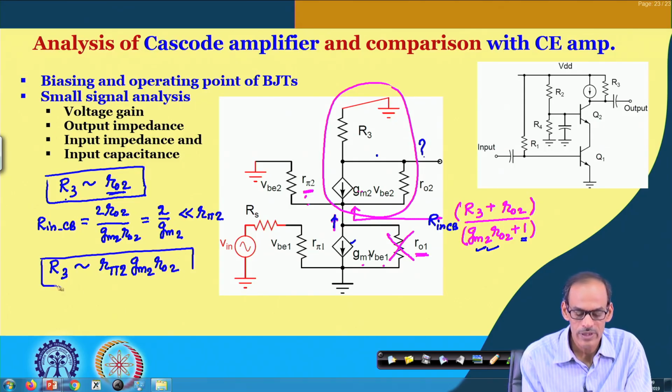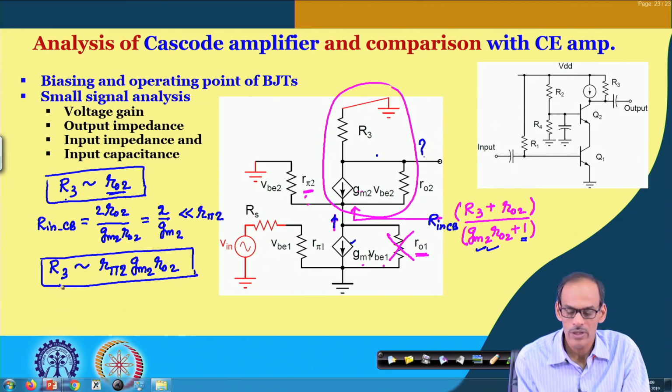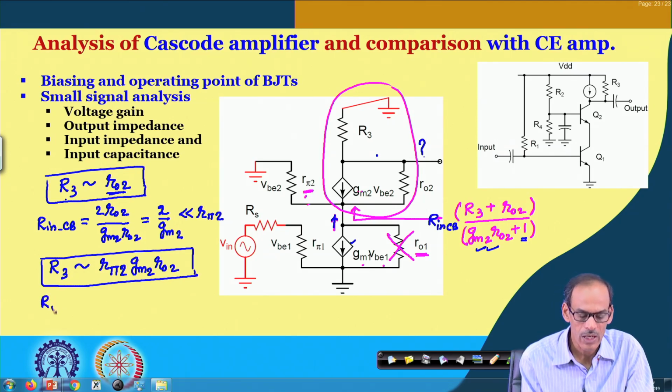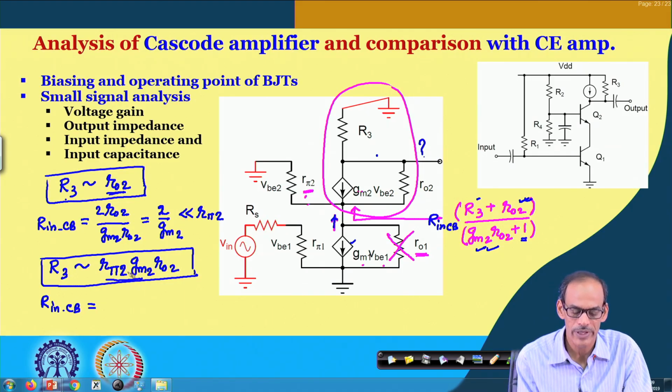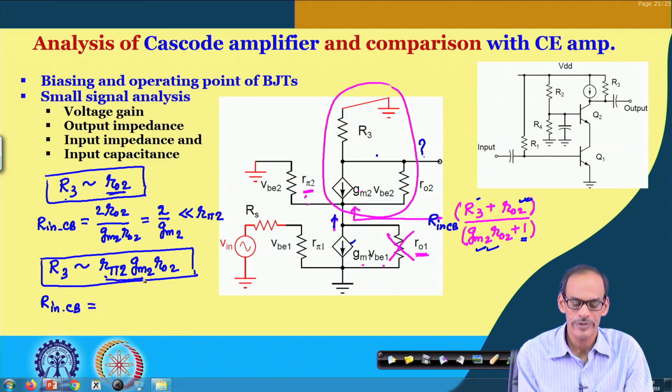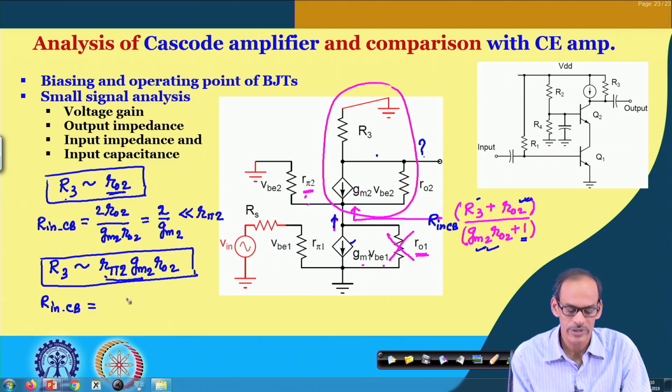So, if I consider that R3 is in this order, then the corresponding R in of the common base circuit is as follows. Compared to R O2, this will be dominating because we have this multiplication factor, R pi 2 multiplied by G m2, that is nothing but beta of the transistor.